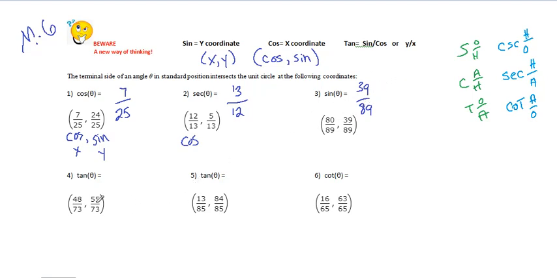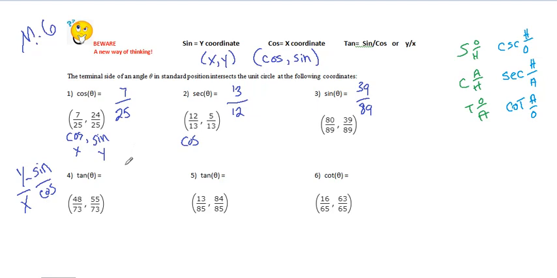Now this one here, tangent, gets a little trickier because for tangent, it's really y over x, and that's the same thing as sine over cosine. So it can get a little bit nasty because we have fractions, because technically what we're dealing with here are ratios.